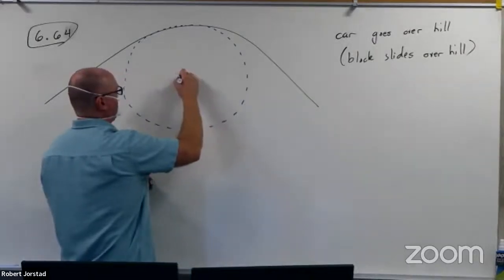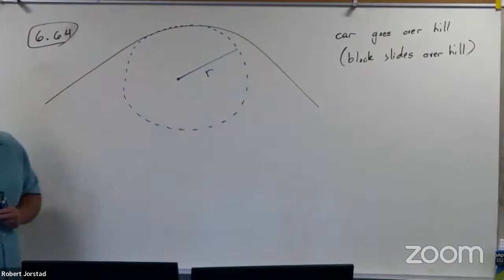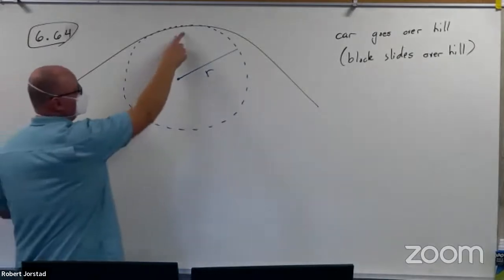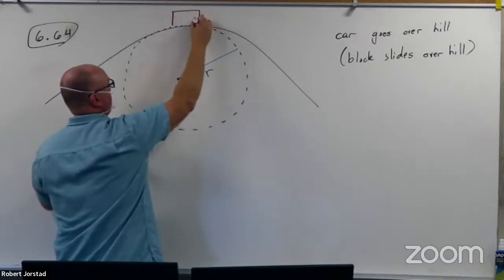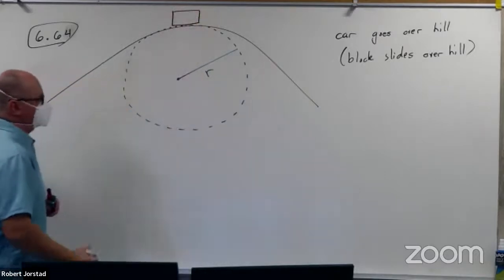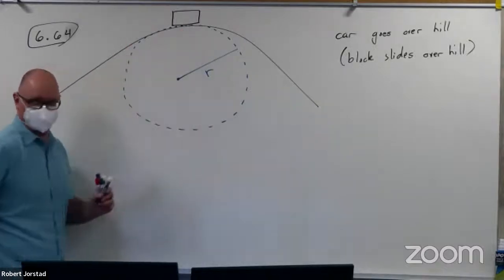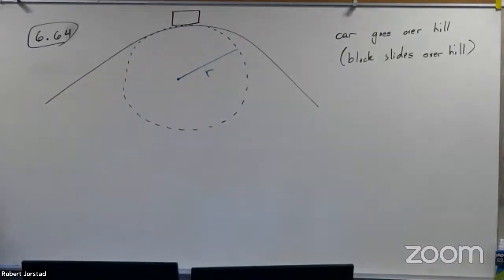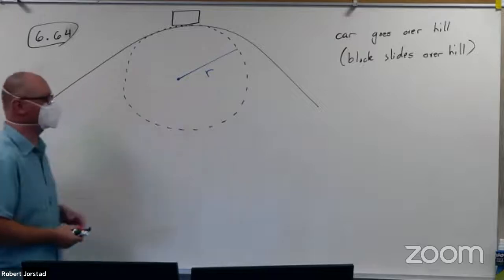But what I'm trying to say here is, look, this road is not circular. But at the very top, when we have a block that's this big, passing over the top, we could model just this portion of the track as being circular. Did that make sense? And by doing that, we don't have to understand the entire path. We can just understand this one piece of the path.